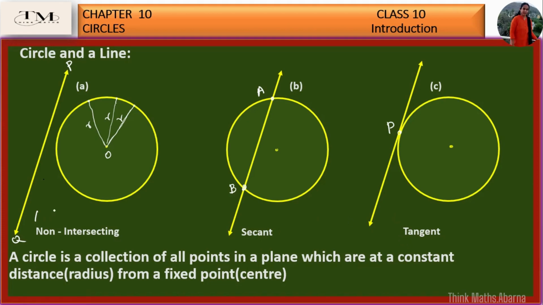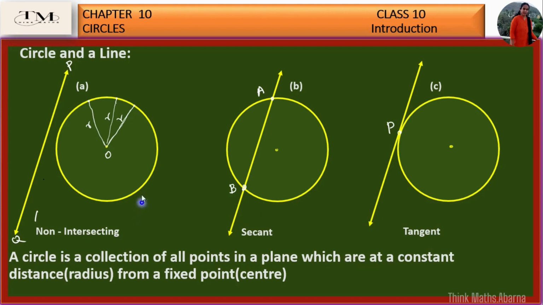What do you mean by non-intersecting? If the circle and line never touch, so there is no intersecting point, then it is called non-intersecting. If the line touches the circle at 2 points, then it is called a secant. If the line touches the circle at only 1 point, then it is called a tangent.